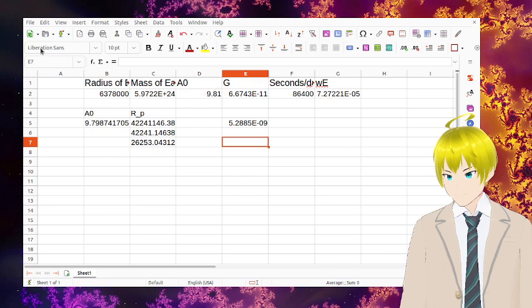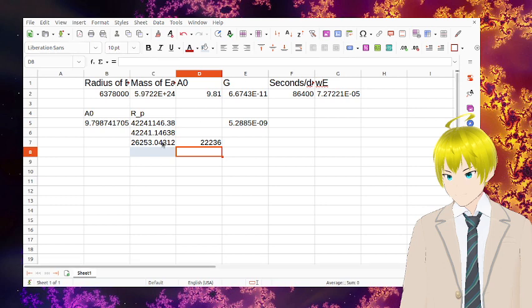So yeah, 26,000 miles. I can actually look up the exact value. So this is going to be the exact value down here. I'm going to color it in a different color, like blue. So what is geostationary orbit? Yeah, 22,236 miles. 22,230. Is that right? 22,000.